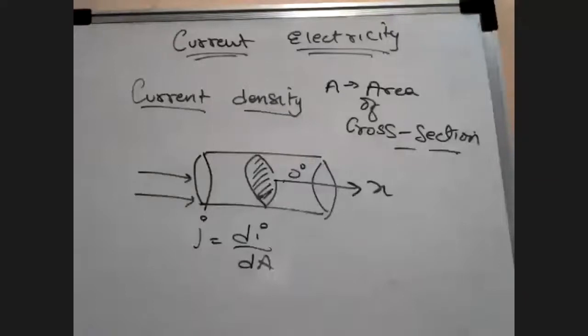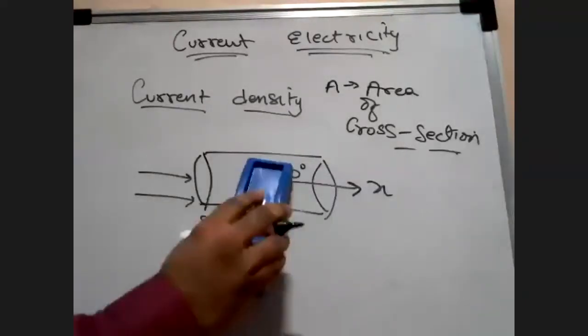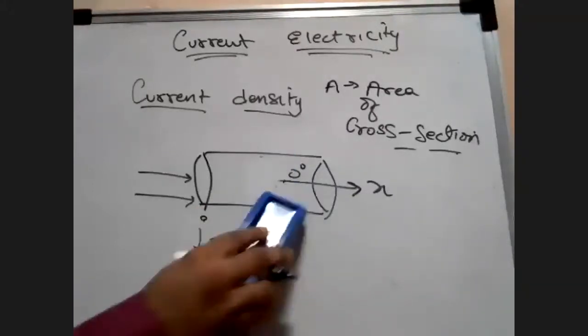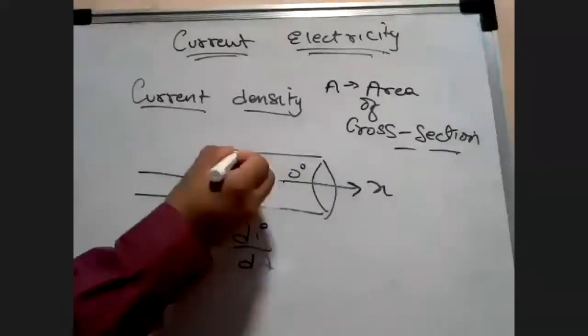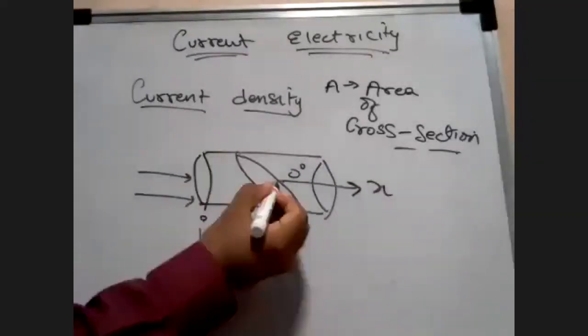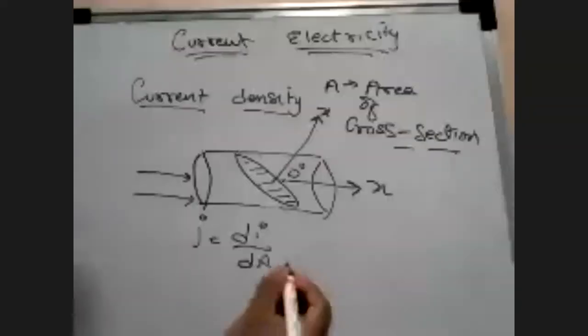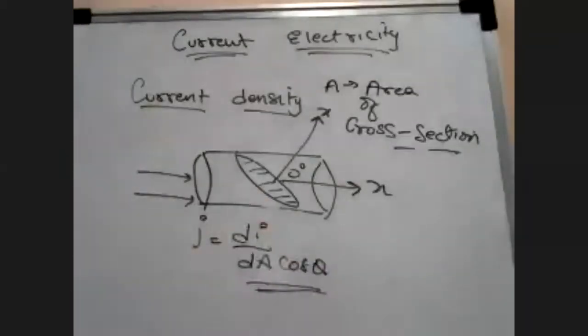Okay. Clear. So now see, listen here. Same thing I have taken here. I have tilted that area of cross section like this. The area vector is like this. I want to find the area, so to take a component I wrote dA cos theta. Okay, clear? There should not be any doubt.